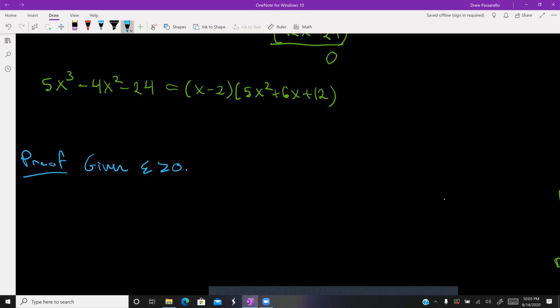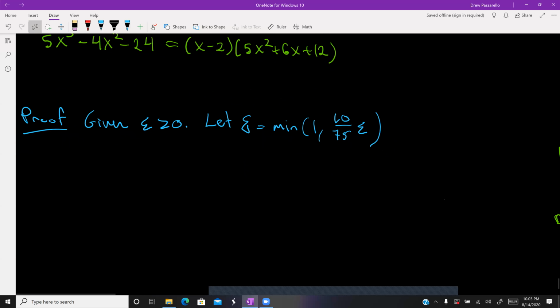Given epsilon greater than 0, let delta be the minimum of 1 and 10 over 75 times epsilon. So let delta be the minimum of those.